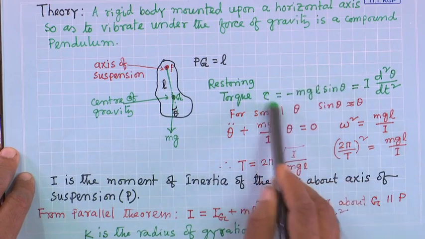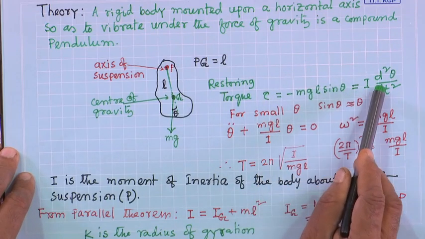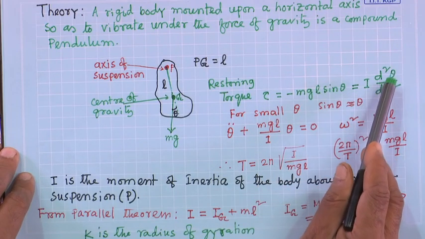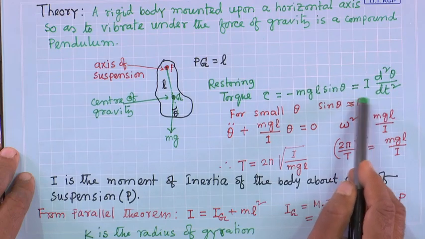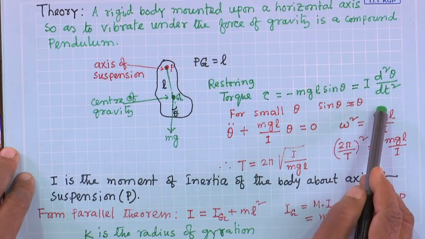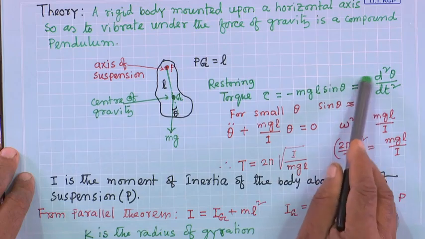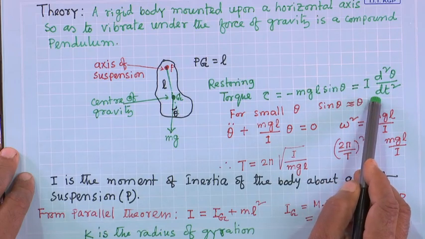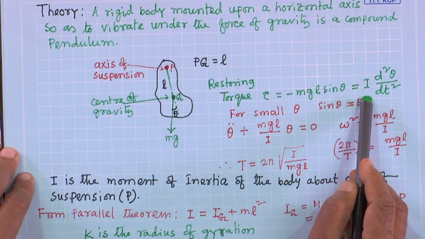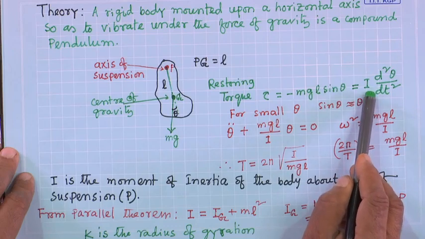So, this torque we can equate with I d2 theta by dt square, like m d2 x by dt square. So, m is replaced by I, as I mentioned earlier.